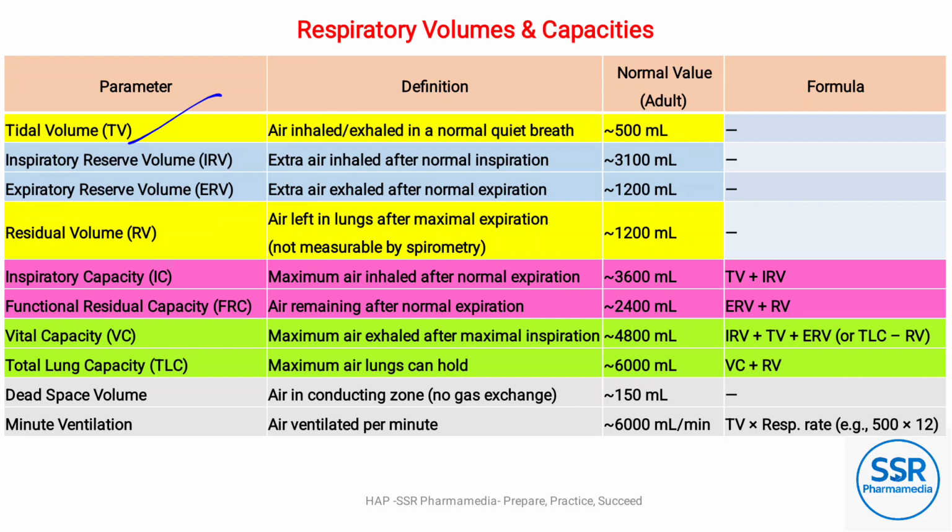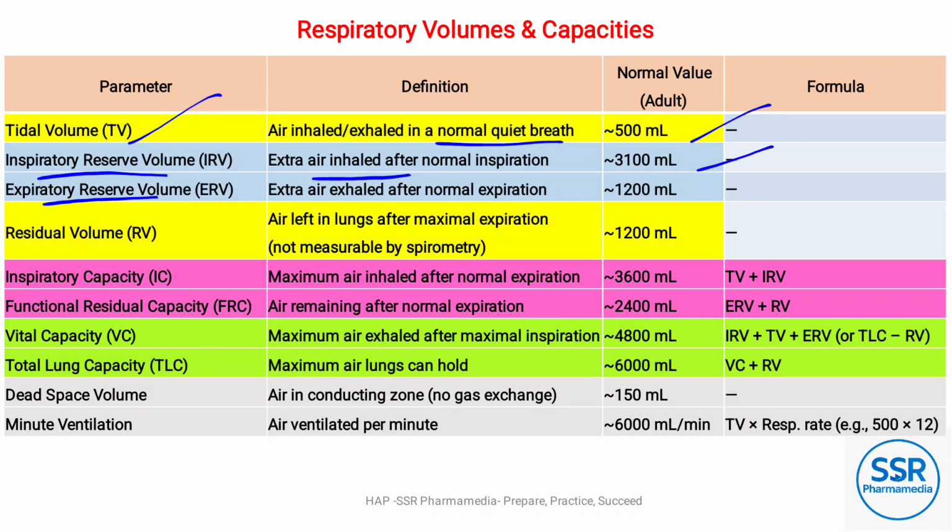Tidal volume is the air exhaled and inhaled in a normal quiet breath. It is 500 ml in an adult. Inspiratory reserve volume is the extra air inhaled after normal inspiration, nearly 3100 ml.